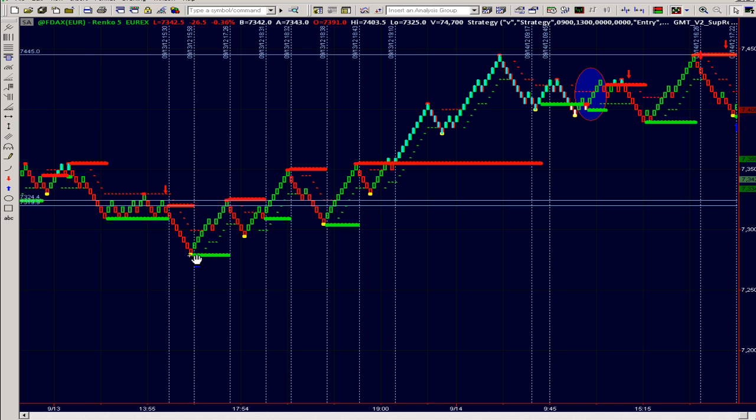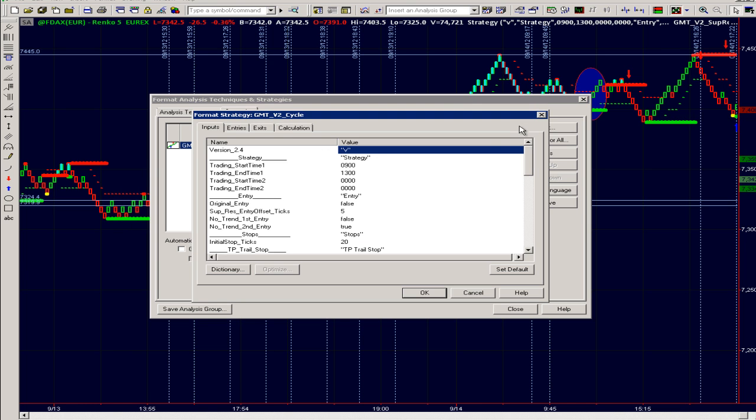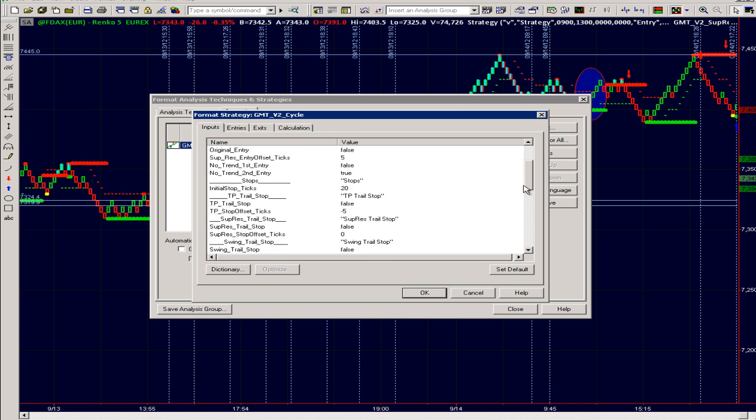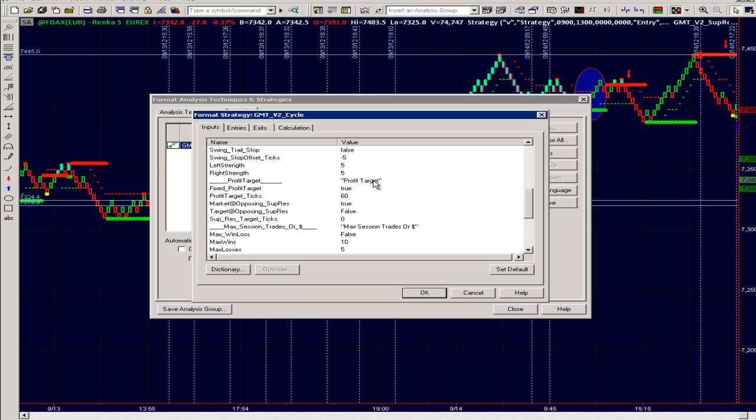Or if I wanted to break it, I'd put it as -5, and that would fill me at -5. I'd have to break that level to get out. Otherwise, I'd get stopped out. So basically, you can dictate exactly how your strategy takes profit and gets in and out of the market. And so they're really the combination. If you turn that to false, then you can determine at what point the strategy is going to take profit.